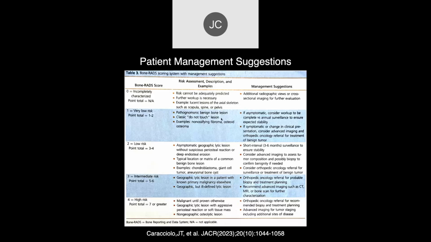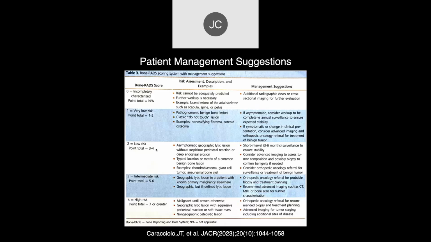Some of these are classic do not touch lesions, like the traction injuries, the gastrocnemius origins behind the distal femur. And these can be things like non-ossifying fibroma, osteoid and so forth. So you can just forget about them, or you can do an annual surveillance just to make sure that it's stable.